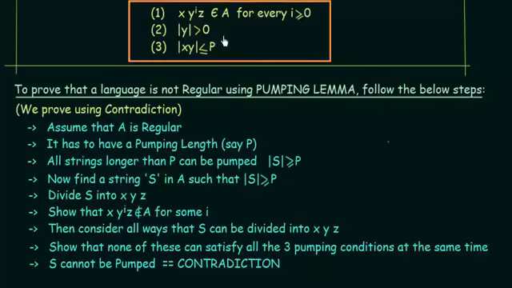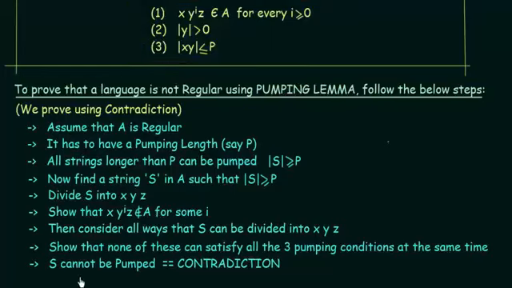So once you show that these three conditions cannot be satisfied all at the same time, it shows that s cannot be pumped, which is a contradiction, because if A is regular, then it should be able to be pumped. Since it cannot satisfy all the three conditions, it is a contradiction to the statement that A is regular. So we prove that A is not regular, and using pumping lemma we have proved that A is not a regular language.